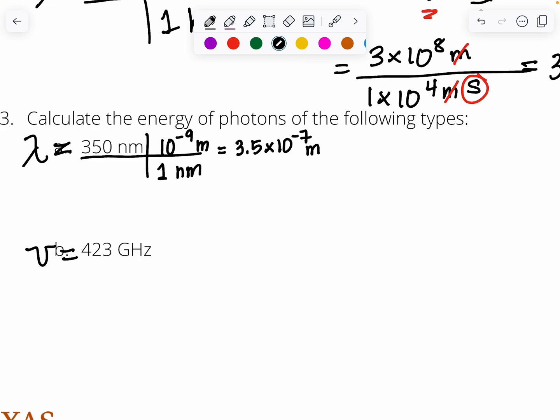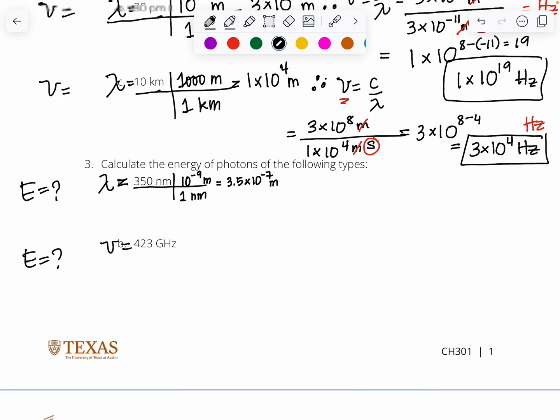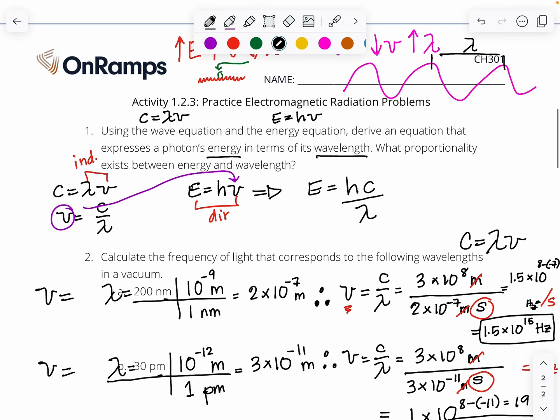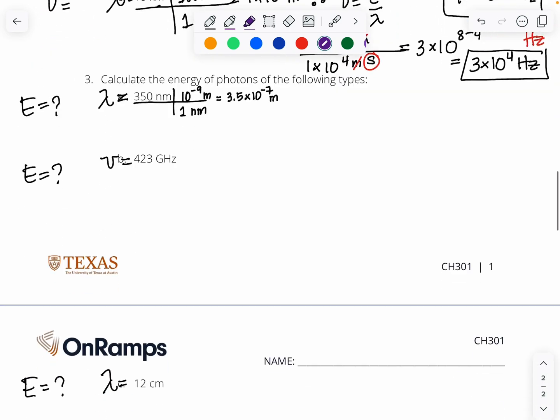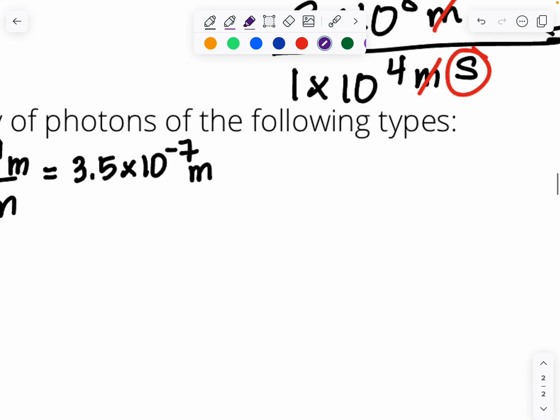So the formula that we're going to use here is not this energy equation. We're going to go ahead and use this one because we've got wavelength. So let's do that one.